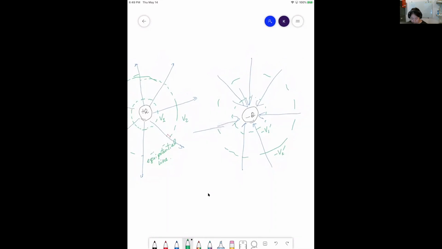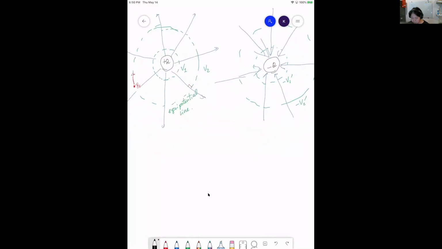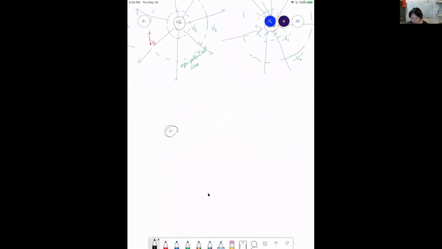I personally see these field lines and equipotential lines like a topological map. Imagine that by having a positive Q, it's like the positive Q is the top of the mountain. It's at the top of the mountain, and the bigger the charge is, the steeper and taller the mountain.